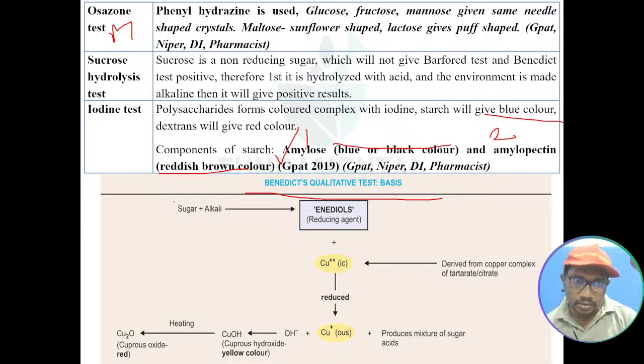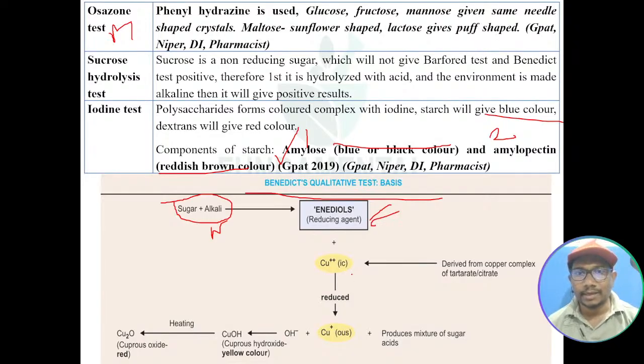Sugar plus weak alkali solution forms enediols. Enediols are reactive reducing agents, and they reduce the cupric ion to the cuprous ion, Cu2+ to Cu+.